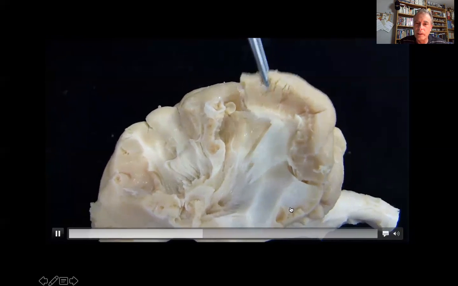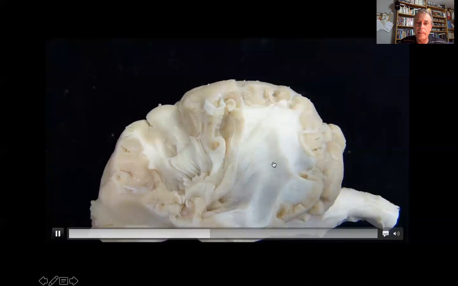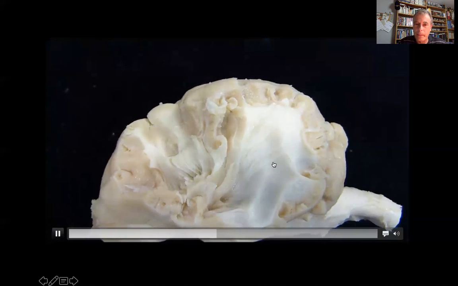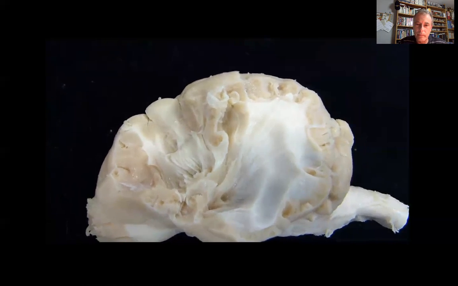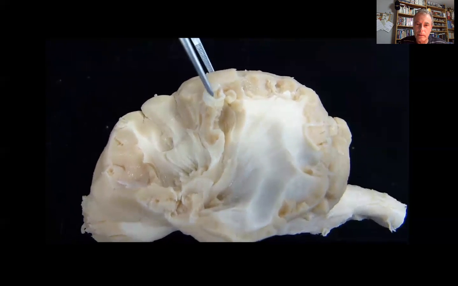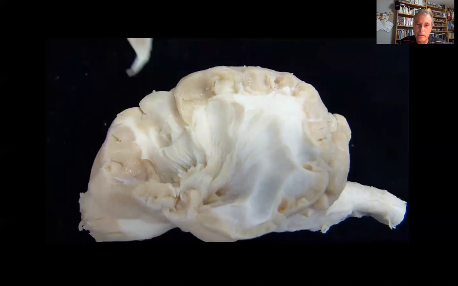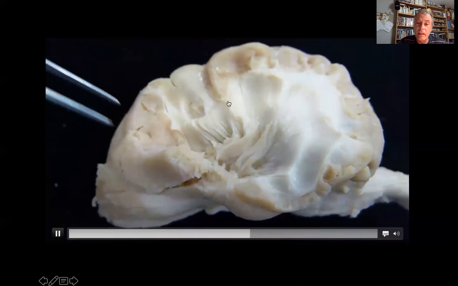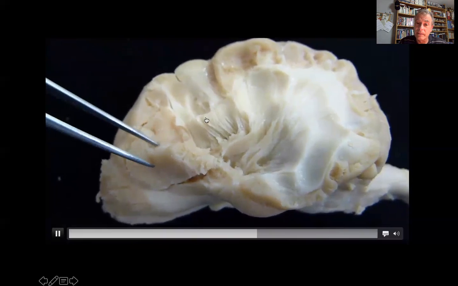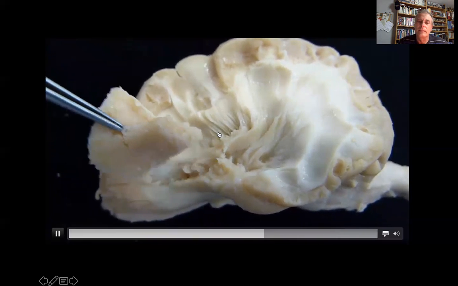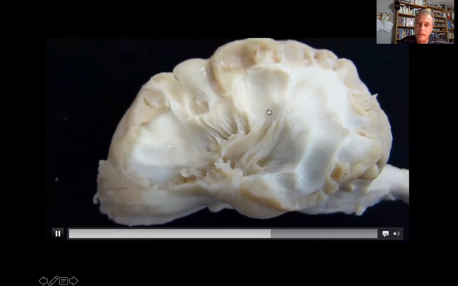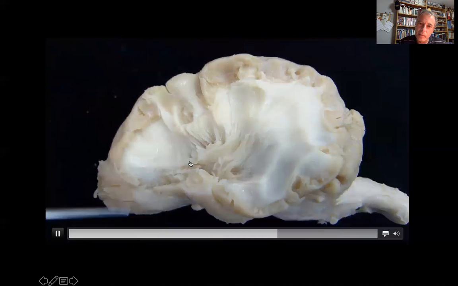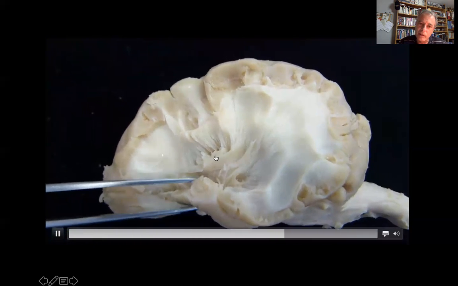We keep removing cortex with internal capsule, and we reach the centrum semiovale here. You see all these fibers of the superior longitudinal fasciculus.